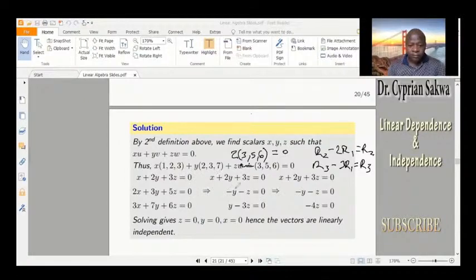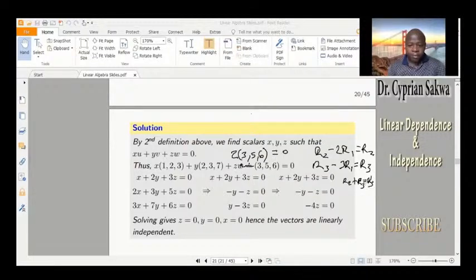So I have this. Now the next thing that I want is to have a 0 in this position. So you realize that I will only need to add row 2 to row 3. So row 2 plus row 3 gives me my new row 3.